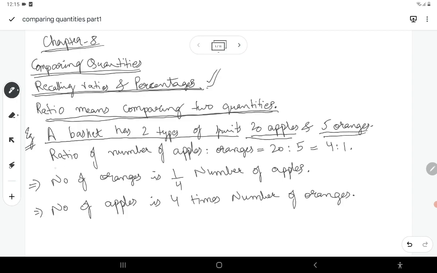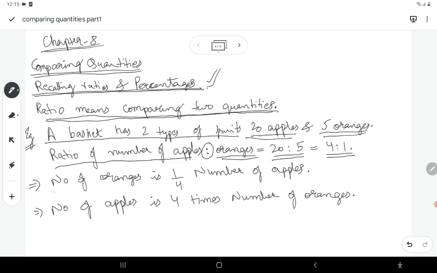So what will be the ratio of the number of apples to the number of oranges? The ratio sign is denoted by two dots and is read as "is to". It would be 20 is to 5, which is 4 is to 1.